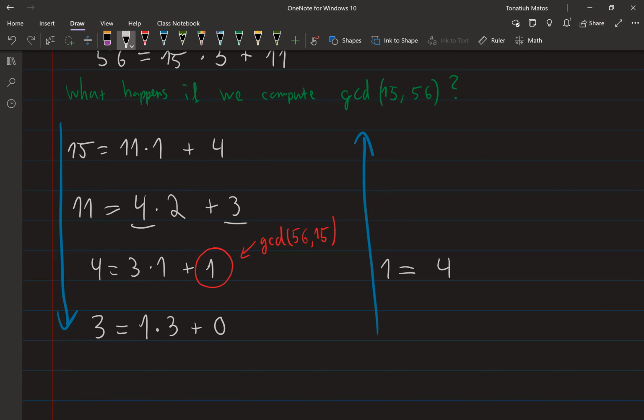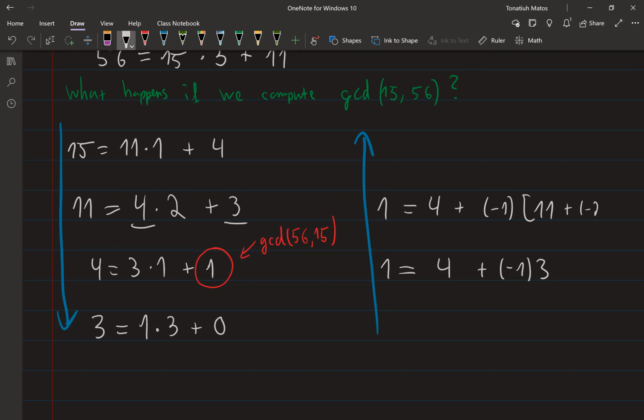The next remainder is 3, and 3 can be written in terms of 11 and 4, because 4 is the number that we divided by, and 11 is the number that we divided. Now, if I do this, you'll notice something funny. What if I write 1 as 4, and just substitute in this copy of 3 for the last two numbers? Because 3 is the previous remainder that I got.